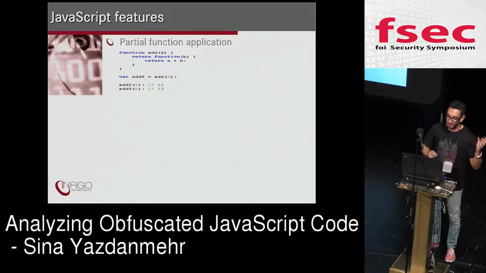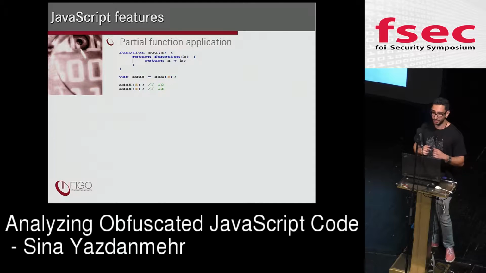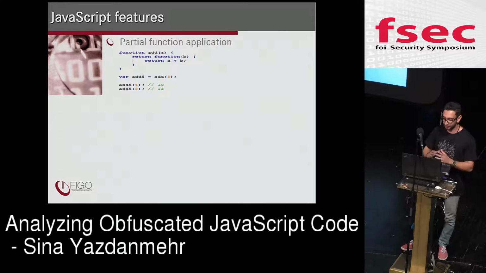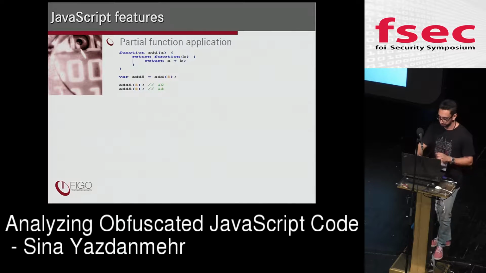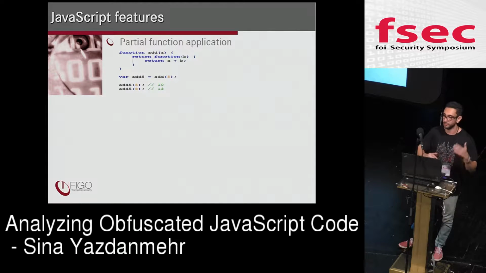The new instance of this function stores 5 as the first input. So in the rest of your code, you can use add 5 in order to add 5 to other numbers, and you don't have to pass 5 each time as your first input.